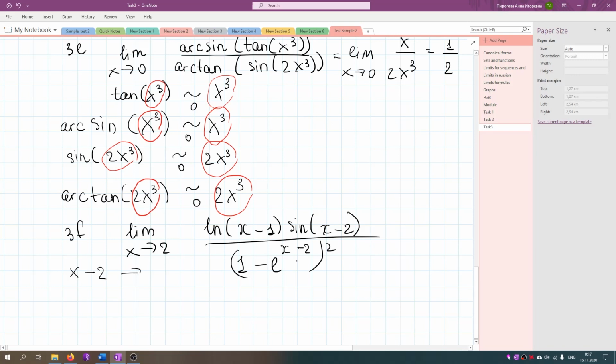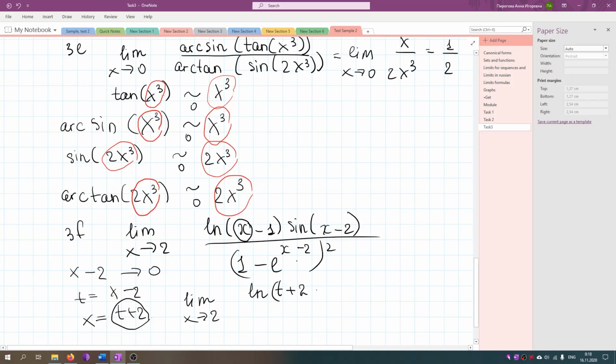x minus 2 converges to 0, and we should take variable t as x minus 2. And x in our case will be t plus 2. And now let's rewrite our limit with respect to our new variable. So just instead of x, we will write t plus 2.